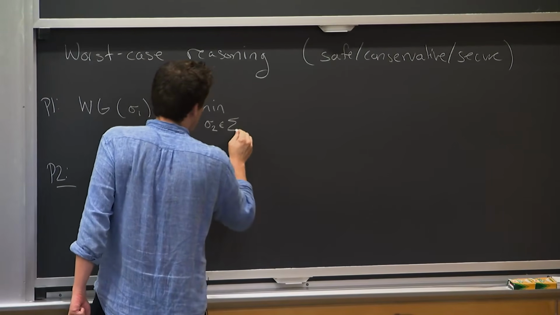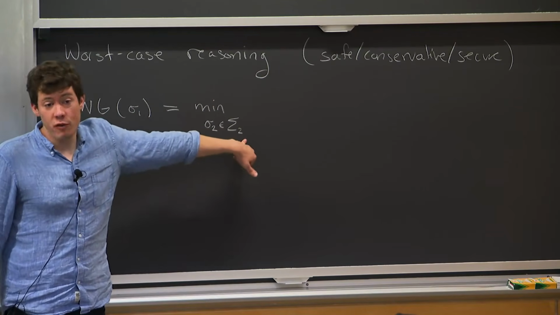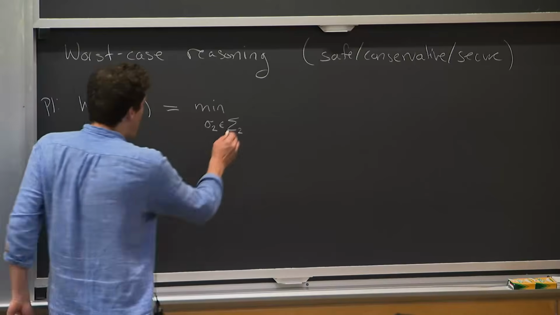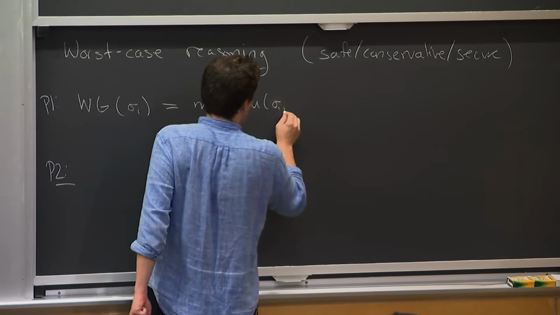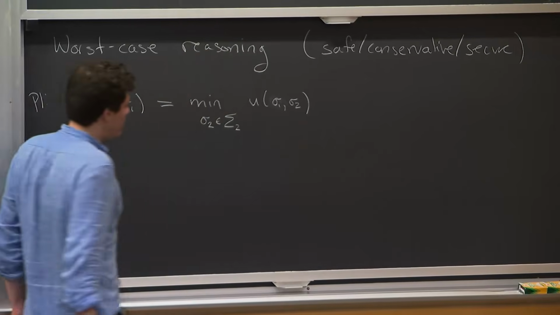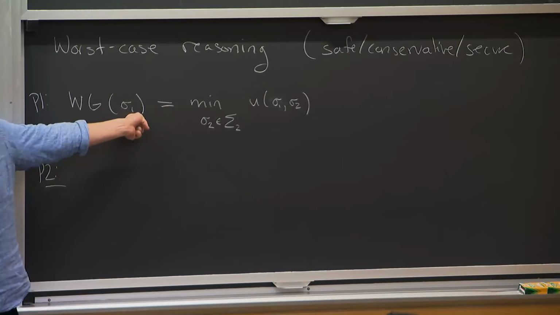Remember our notation here that capital sigma is the set of mixed strategies for player 2. And I'll write u of sigma 1, sigma 2. So let's think through this really carefully. We're saying I'm player 1. Suppose I use the mixed strategy sigma 1. What is the worst thing that can happen?